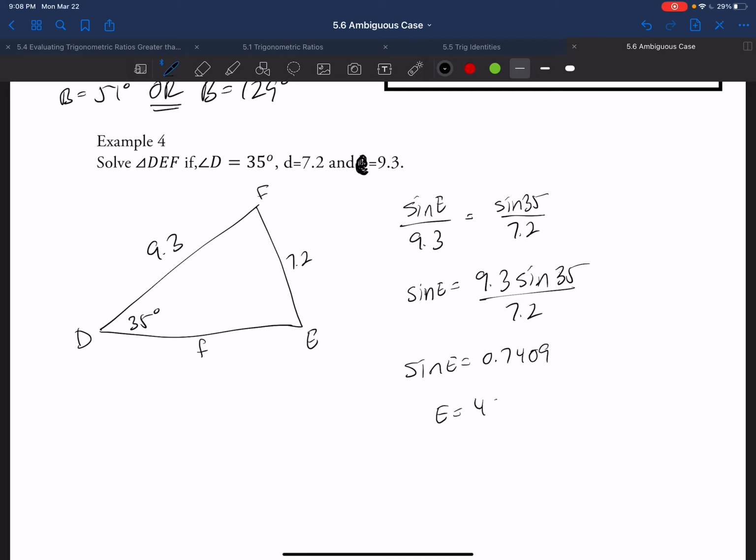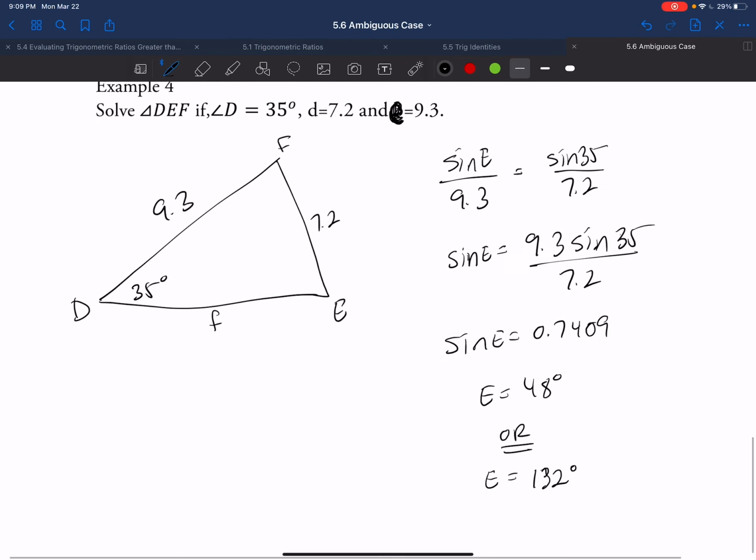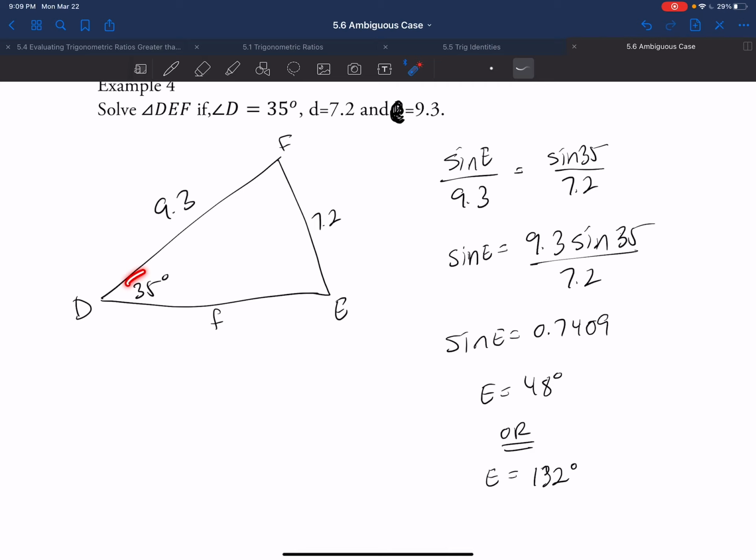It would be 48. Okay, but it could be 48 or 180 minus 48, which is 132. Again, you think, okay, 35 and 48, that's perfectly fine.